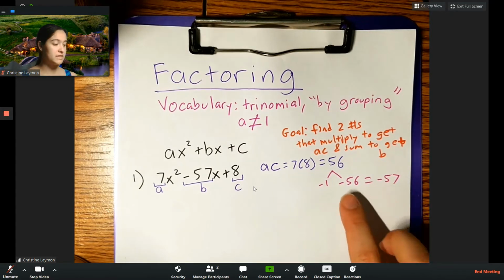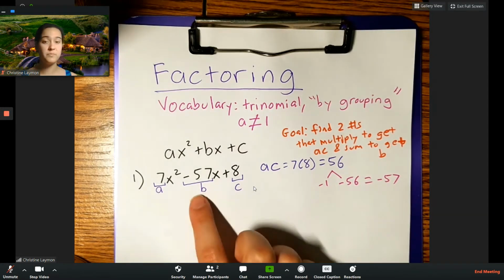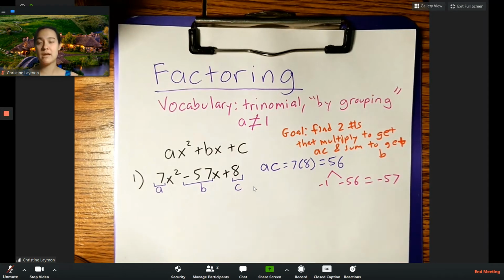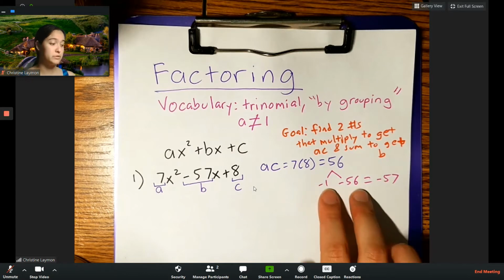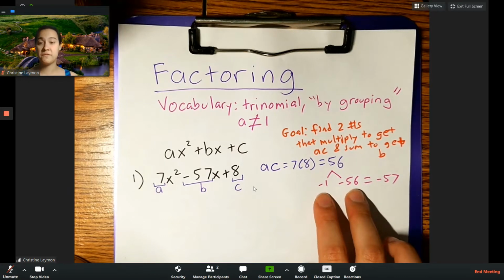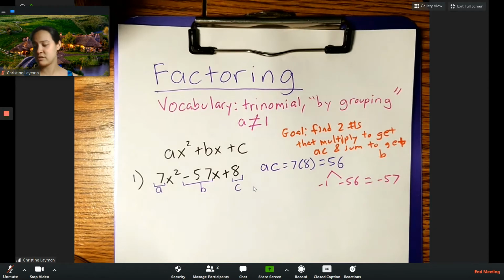I'm going to take these two values and replace them in the B position. Now, a common mistake is people just put the numbers in. These numbers are coefficients, so they're still attached to the x.